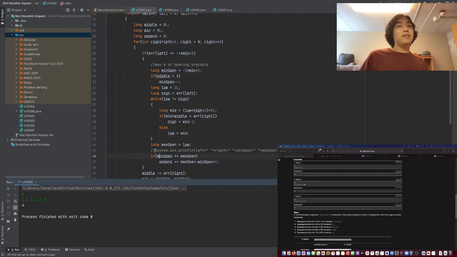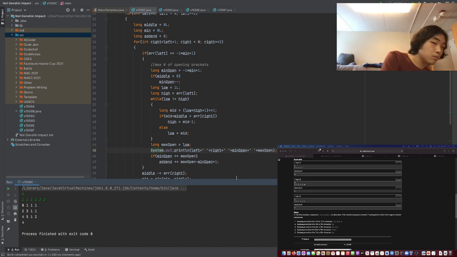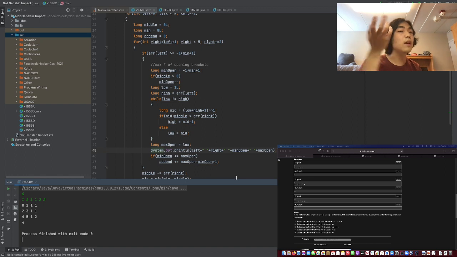Okay, what's happening here? 0, 1, 1, 1. Wait, so what does this even look like? It's 1, 2, 3. It's 6. Total sum is 10. Wait, no, it's 8. Yeah, it's 8.